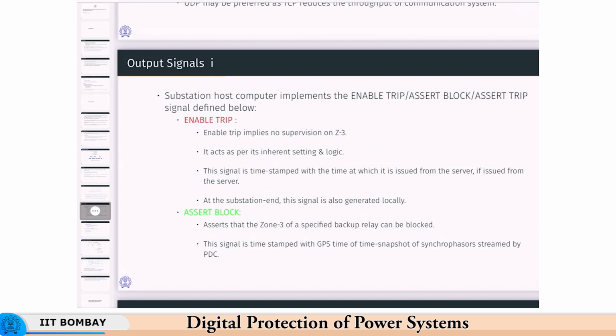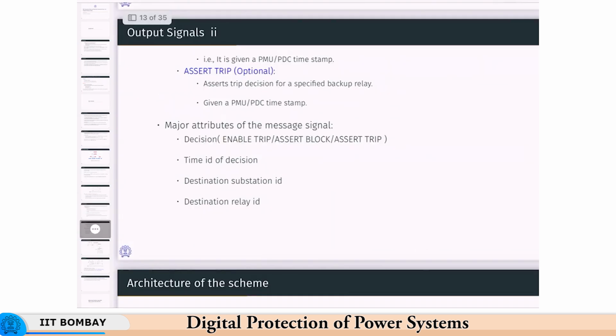If it observes either a power swing or a load encroachment or a low voltage condition, then it will issue an assert block. Assert trip can be optional, because if a fault is observed, whether to accelerate zone 3 or leave it to operate in its own time is an optional decision. You can choose either, but the first two will be implemented as part of the scheme.